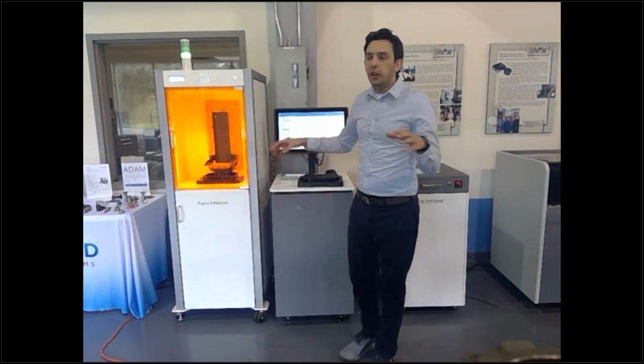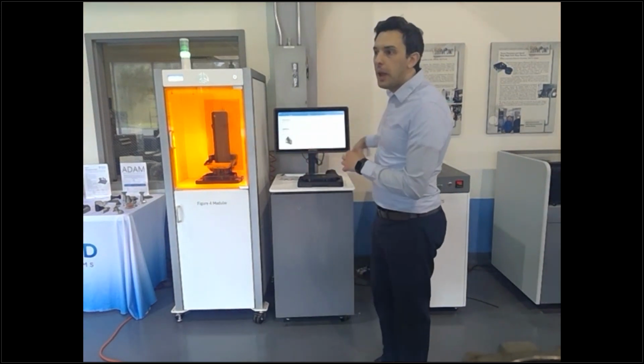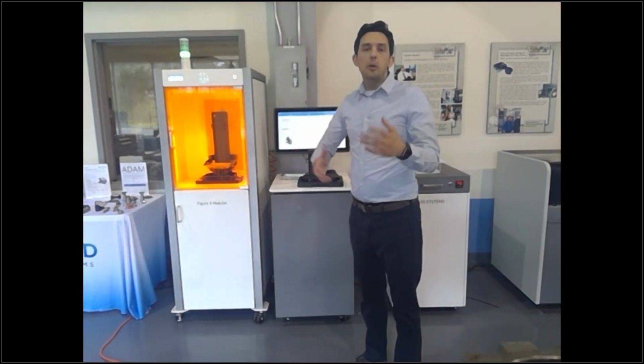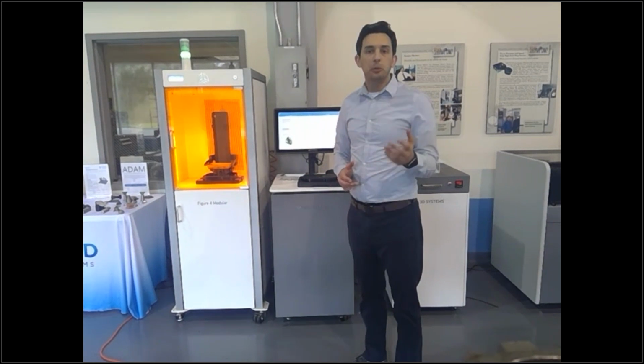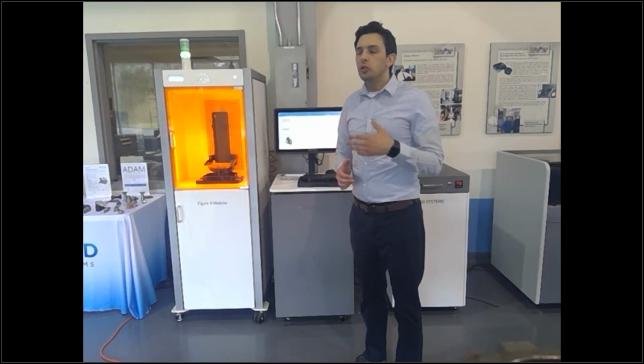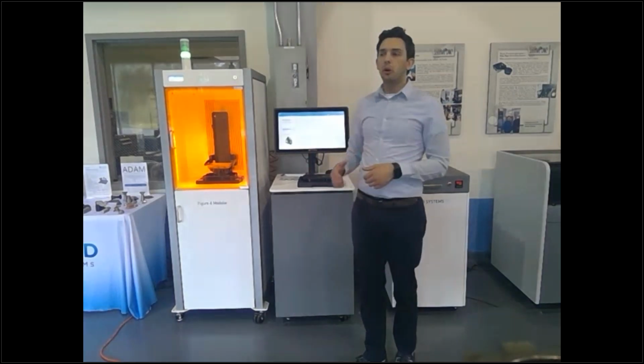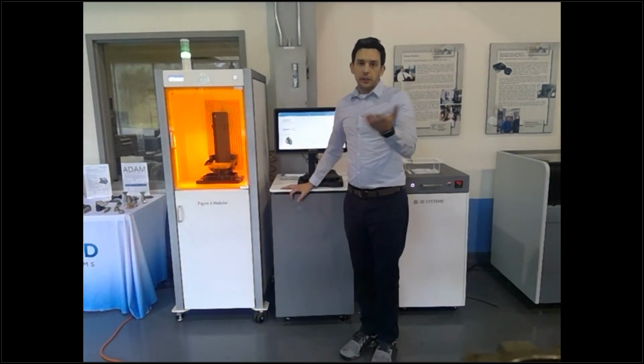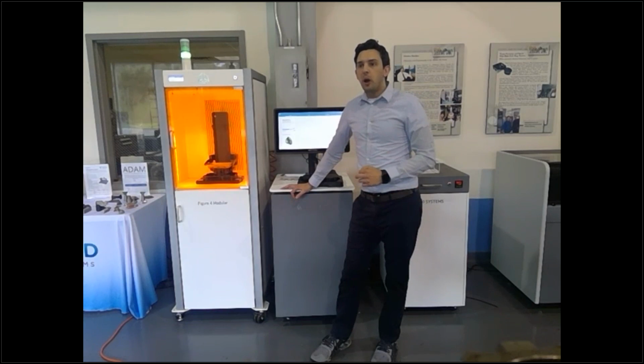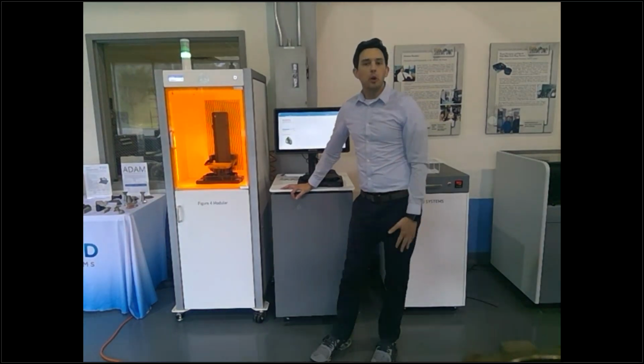The only other additional thing that we don't have right here that Pat talked about was how we post-process parts using isopropyl alcohol. You can use any kind of TPM solution or resin cleaner to post-process the parts. What we use here is a product similar to isopropyl alcohol, and we use it in a parts washer.